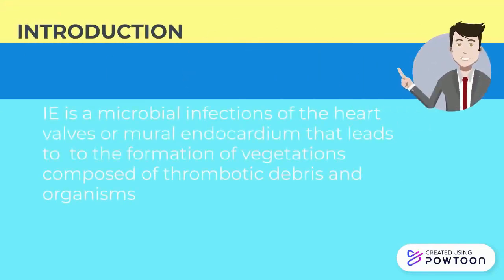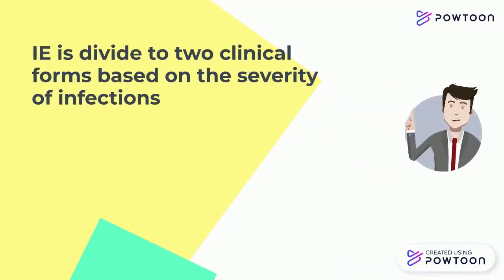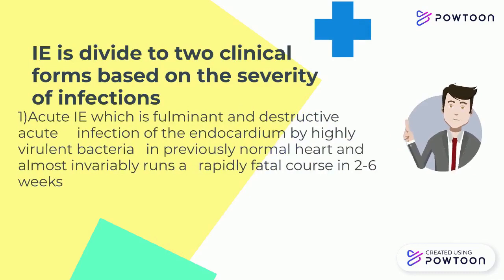Infective endocarditis is a microbial infection of the heart valves or mural endocardium that leads to the formation of vegetations composed of thrombotic debris and organisms. Infective endocarditis is divided into two clinical forms.